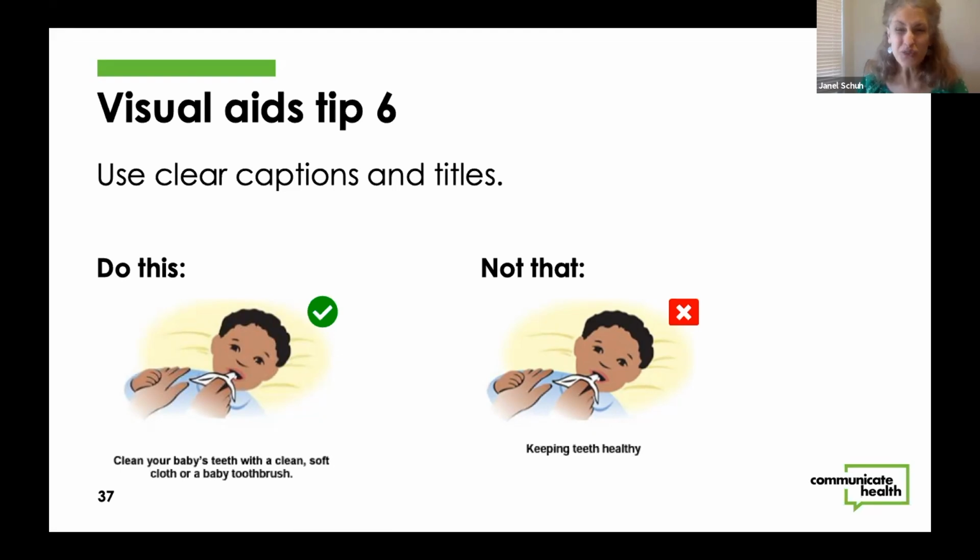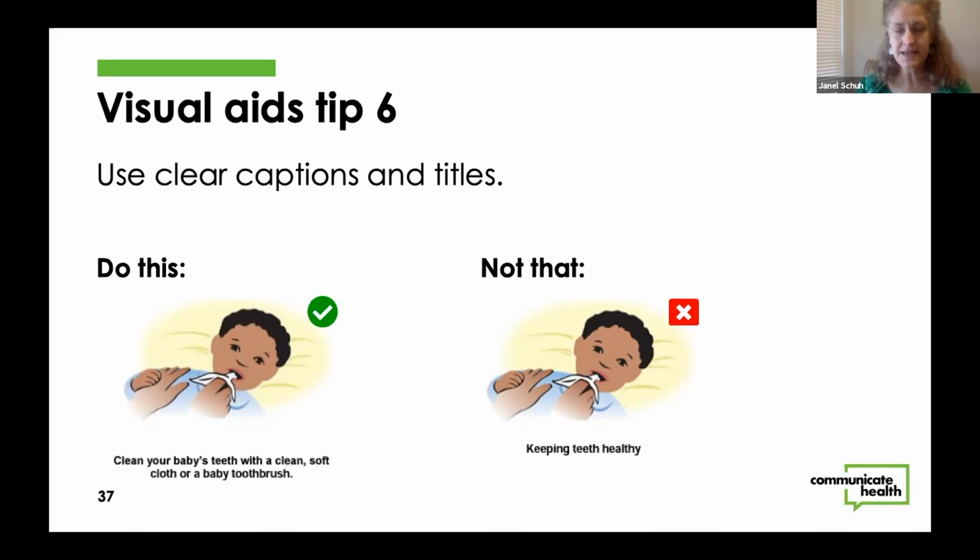That may generally be the topic for the health material you might find this visual in, but it's not very specific in terms of helping us understand actually how to do that. And it seems to a certain degree like it might be very disconnected from the actual image itself. Whereas the caption on the left clearly states that you take an action: you clean your baby's teeth with a clean soft cloth or a baby toothbrush.